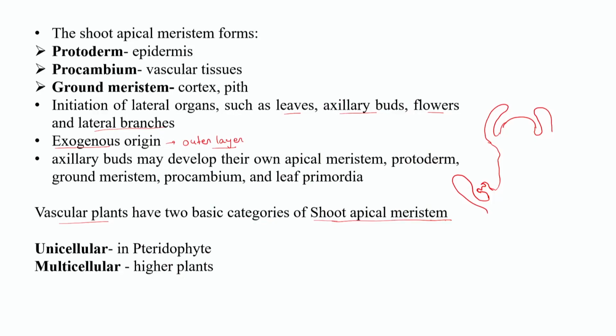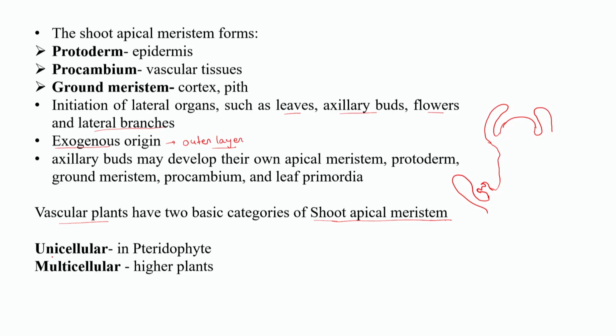So, in vascular plants, basically two categories of shoot apical meristem have been identified. Unicellular, meaning shoot apical meristem containing only one meristematic cell, which is mostly found in pteridophytes, and definitely multicellular, in which different groups of cells perform the function of apical meristem.